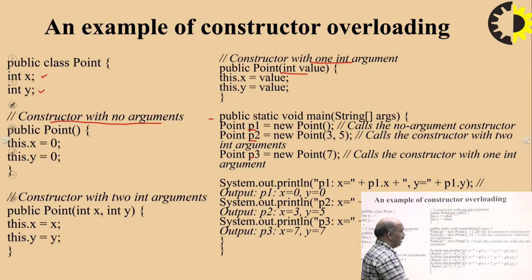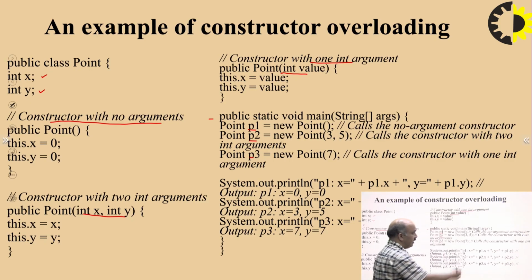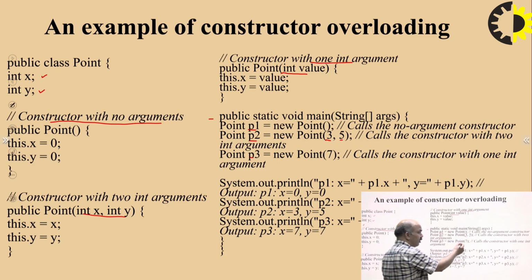Point P2 equals new Point(3, 5), because in the second constructor we passed the two values int x and y, so we pass the two integer values 3 and 5 to x and y. Another object is P3, equal to new Point(7), because we defined a constructor that takes a single integer value.